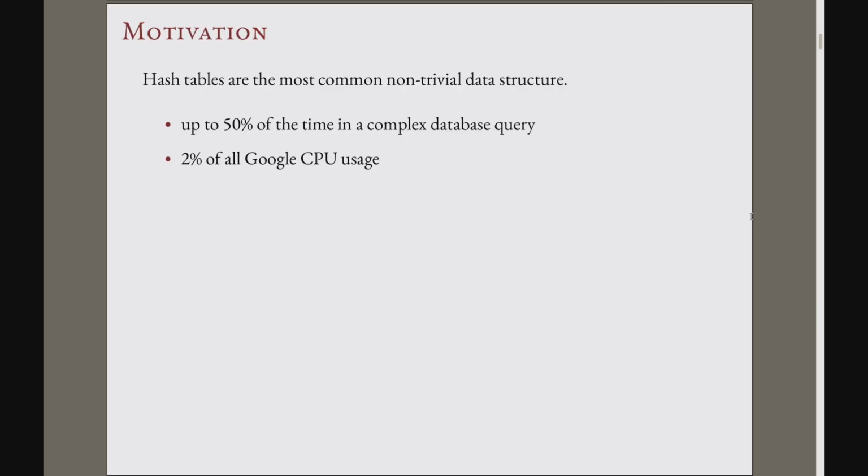Okay, so motivation. Hash tables are everywhere, and they can take a substantial portion of the overall execution time. Even if they only take 2%, if you multiply that by Google scale, then we are talking about a huge number of CPU cycles. So it's worth thinking about how to improve these data structures to get better real-life performance.